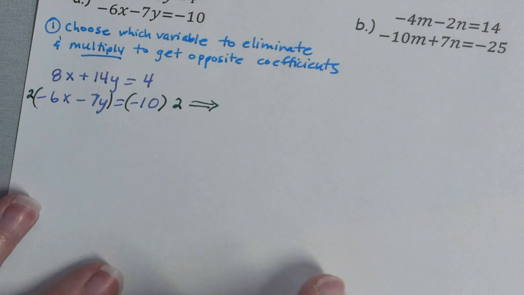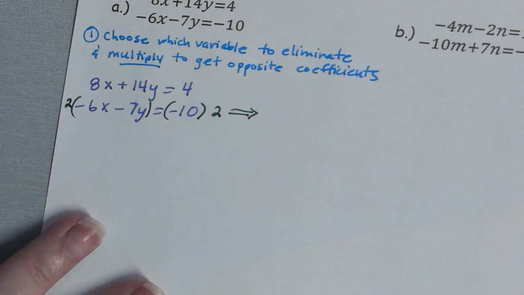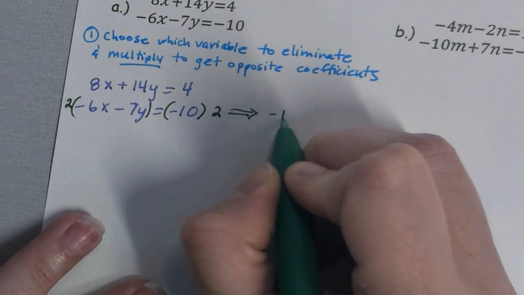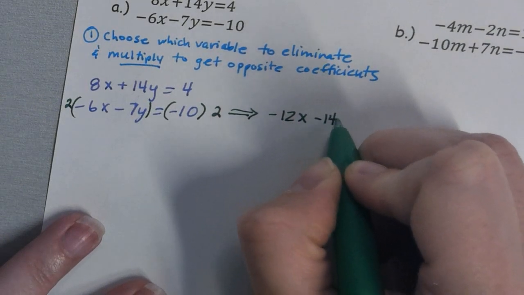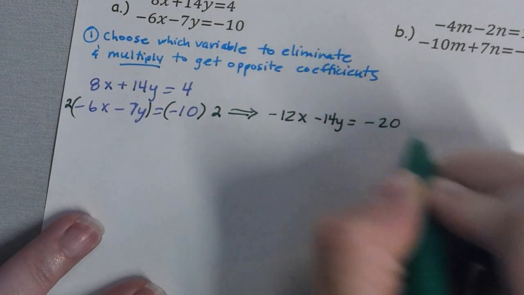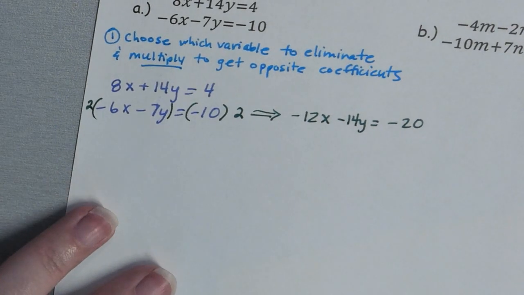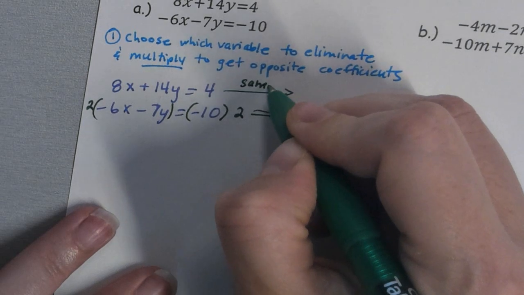And I use my arrow because I'm going to keep them stacked up. So 2 times negative 6x is negative 12x. 2 times negative 7y is negative 14y equals negative 20. I don't have to do anything to the top, so that stays the same.